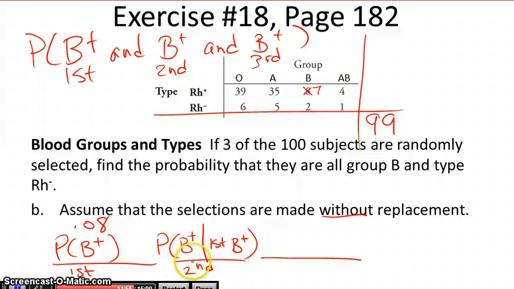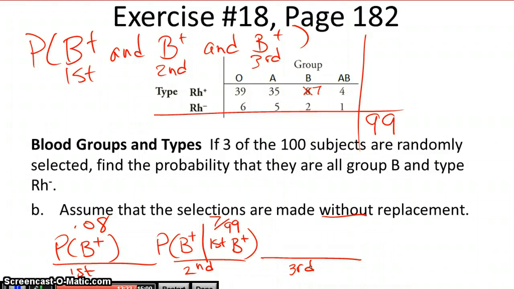So what's the probability the next one, the second person, has B positive blood? Well, there are 7 remaining out of 99. So that's not quite 8% anymore, right? You plug that into your calculator, 7 divided by 99, you're going to get a nice result, 0.070707, so about 0.071.